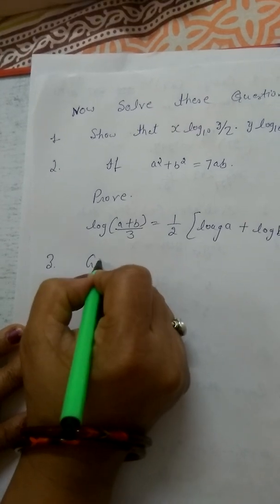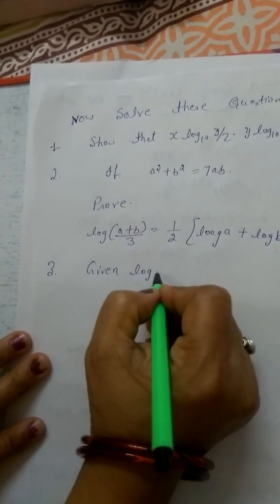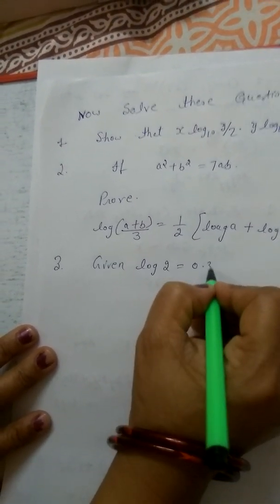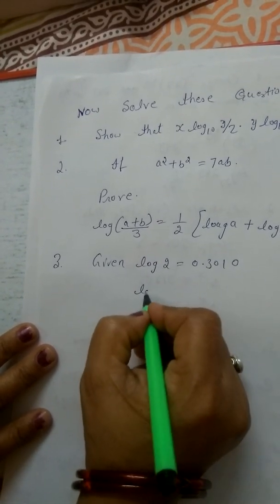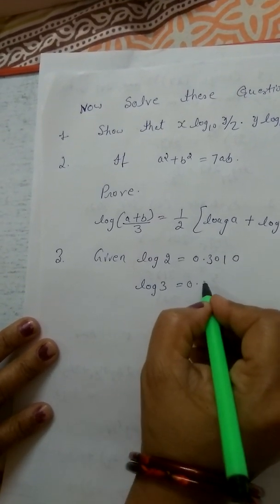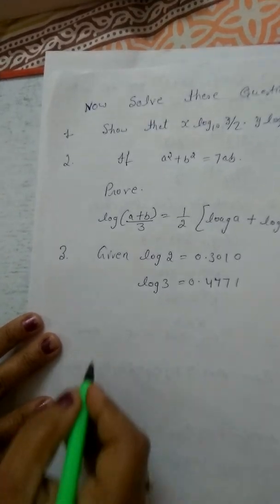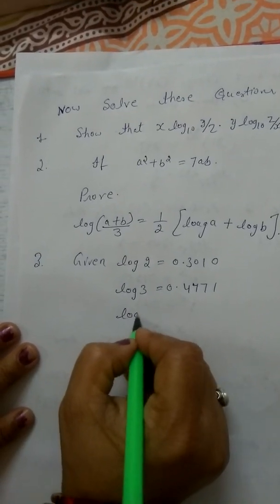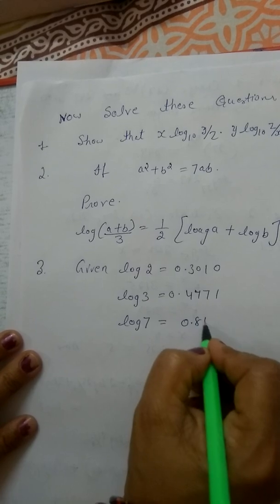Number 3 question. Given log 2 is equal to 0.3010, log 3 is 0.4771 and log 7 is 0.8451.